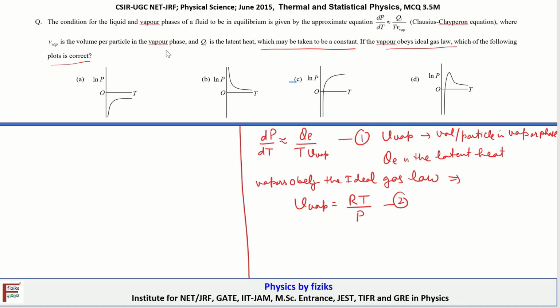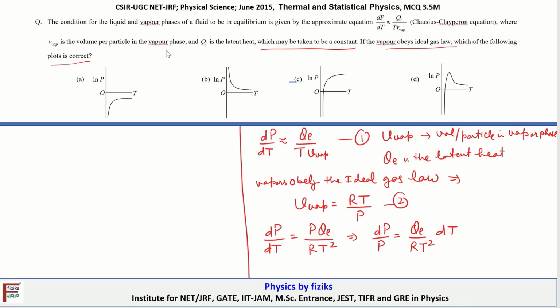So 1 and 2 imply that dp by dT, by substituting V vapor as RT by P, is equal to P multiplied by QL, where QL is the latent heat, divided by RT square. This can be rearranged by separating the variables: dp by P equal to QL upon R T square dT.